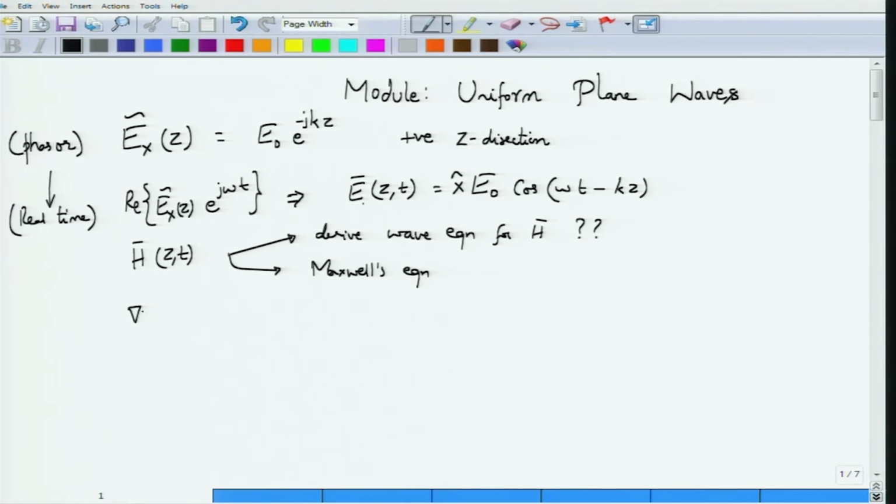Well, we have Faraday's law, which tells us that the curl of the electric field is given by minus j omega mu into H. Of course, the way we have written this means that E and H are supposed to be phasors, but E and H are also vectors. So we have to indicate that the electric field is a vector as well as a phasor.